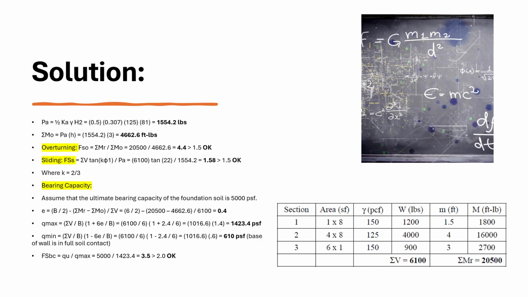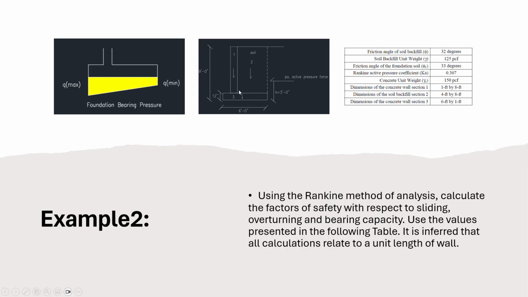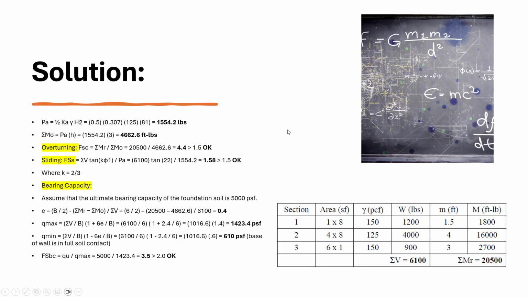And then you can calculate the weight very easily, and the sum of all the weights, or the shear, will be 6100. And if you multiply those values by the R, which you can figure out from this photo, the moment will be calculated and you can have the sigma of your moment here. And if you replace, you will have the overturning factor.